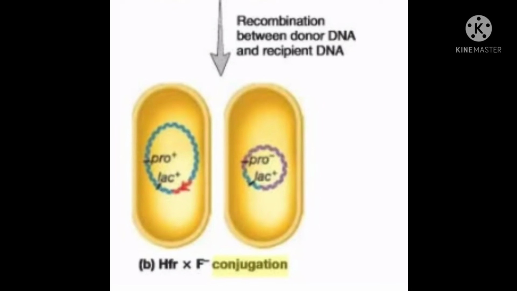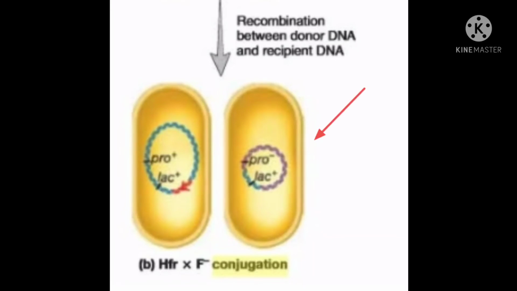This lac plus gene, instead of the lac minus gene, is integrated into the main bacterial chromosome of the F minus cell. Now the F minus cell has an advantage: initially its lactose metabolizing gene was negative or mutated, but now it has a functional lac plus gene received from the Hfr cell through Hfr F minus conjugation.